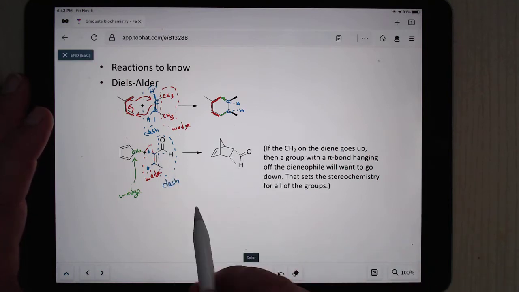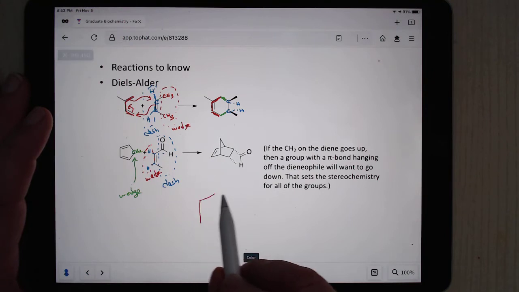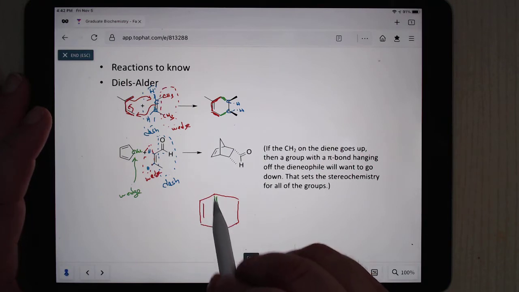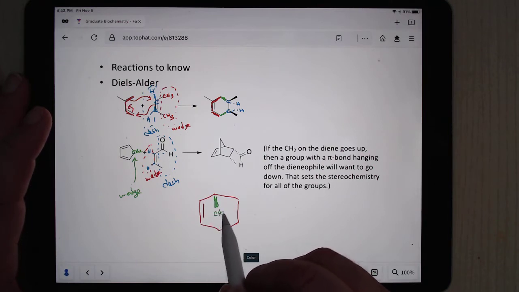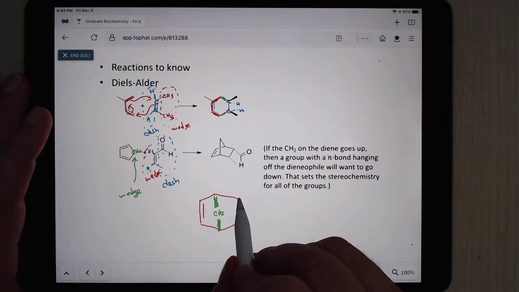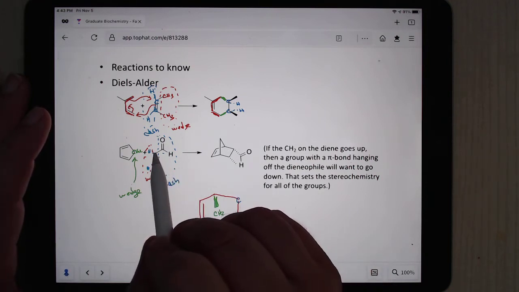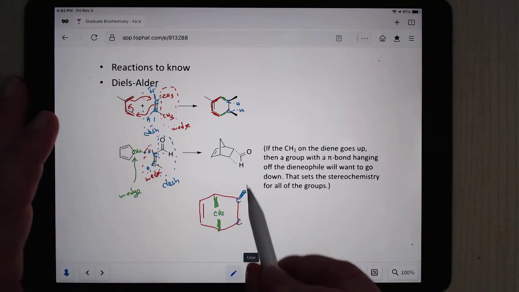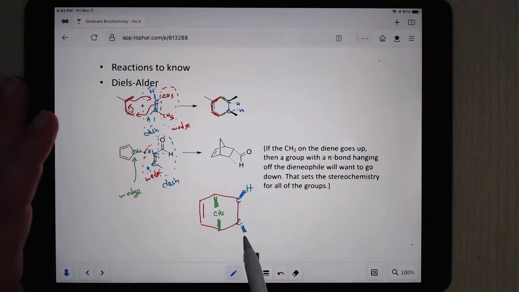Another way of drawing it would be like this. And so here's our bridging methylene here, CH2. So here's these two carbons, carbon, carbon. We have our two hydrogens that are on a wedge.